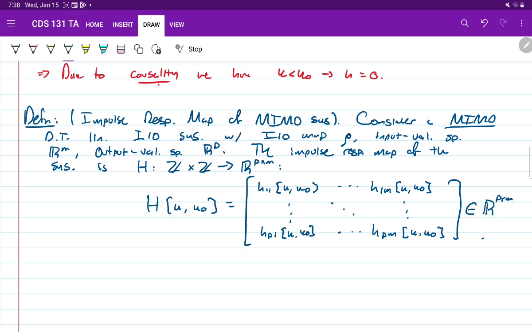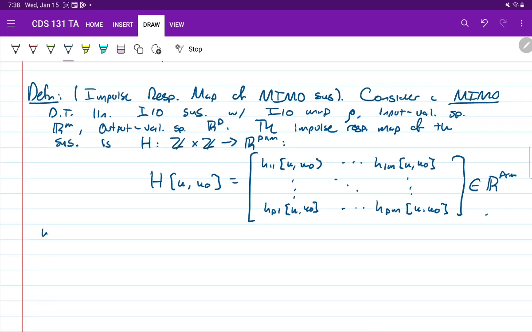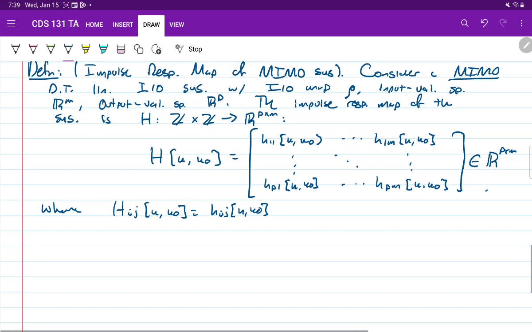Okay, so how are we actually defining each of these entries? Well, Hij of K, K naught, which equals little hij of K, K naught, is defined as follows. This is defined as the ith coordinate of the impulse response to an impulse applied in coordinate j of the system.